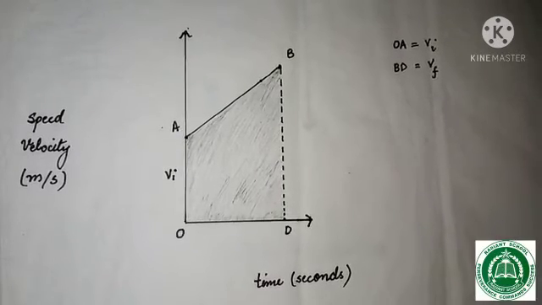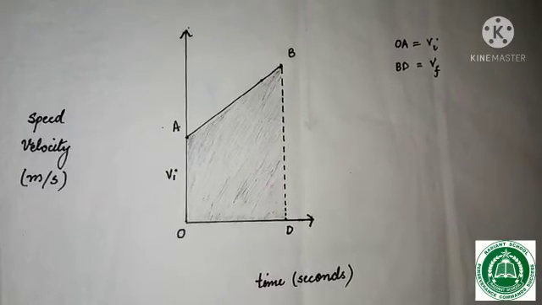Okay, children, I have shaded this diagram OABD with very light hand shading. Do not do it dark. I repeat my instructions, children. If you do this shading dark, that will create a very bad impact, and it will be very difficult for you to understand it later.